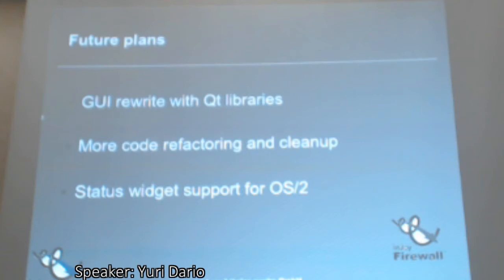Dynamic Windows is also not a modern user interface library. Since we have Qt working on OS/2, we plan to use Qt to rewrite the user interface completely. Qt is multi-platform, so we can compile the user interface on every supported platform.